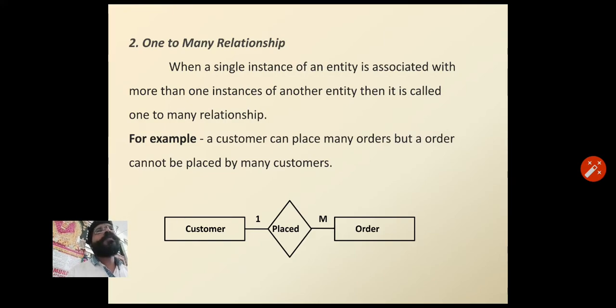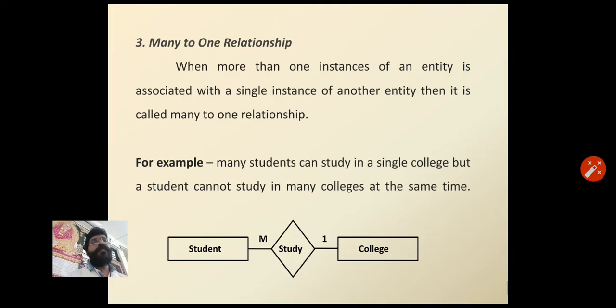Many to one relationship: when more than one instance of an entity is associated with a single instance of another entity, then it is called a many to one relationship.